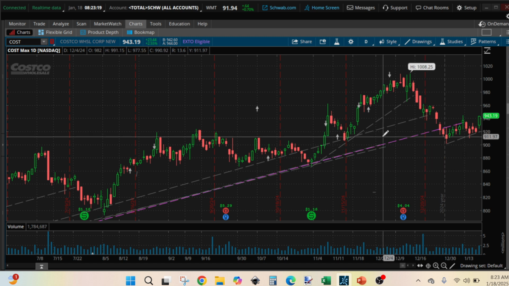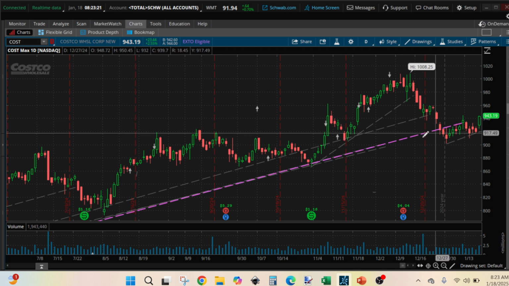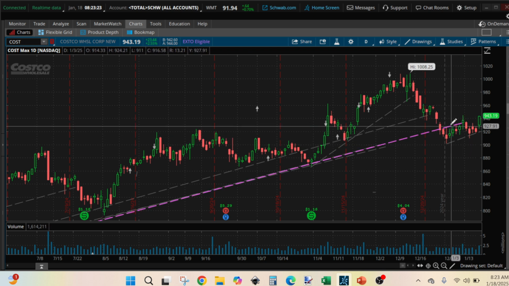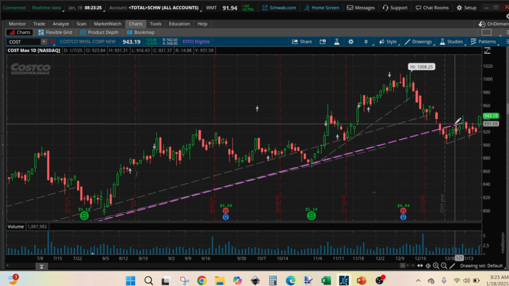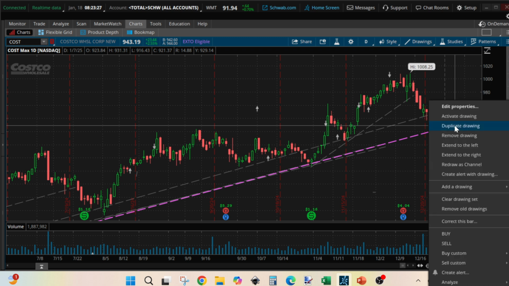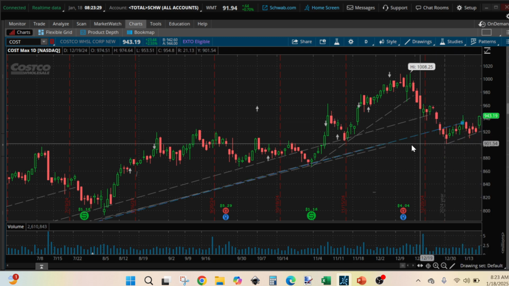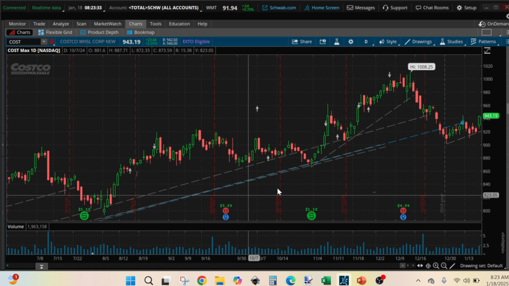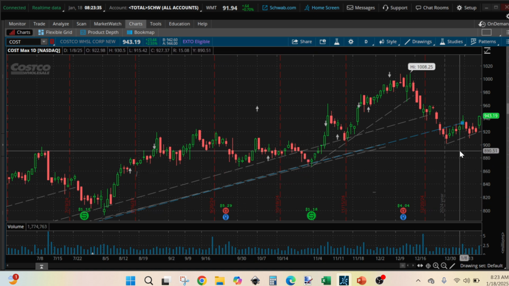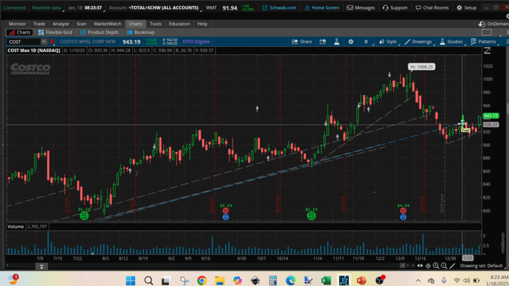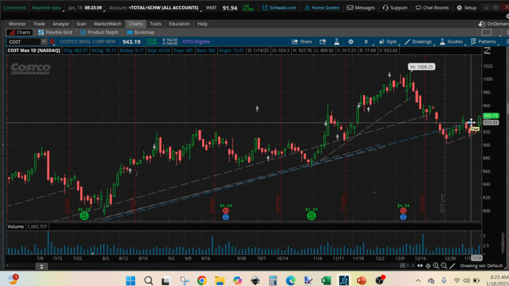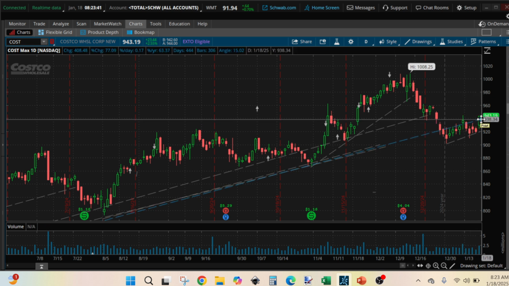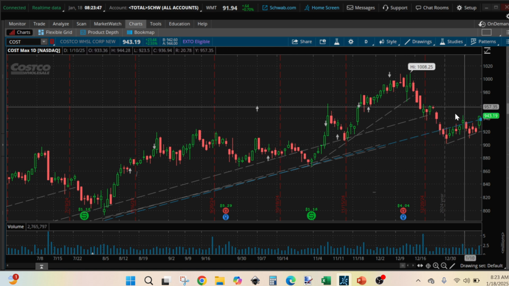Therefore, I keep extending the long trend line. Even this one, even though the price is below it, I will keep extending it, and I will make sure I see where it came from, where it touched points, and I will just keep extending it, because I'm comparing what the chart is doing around that trend line.